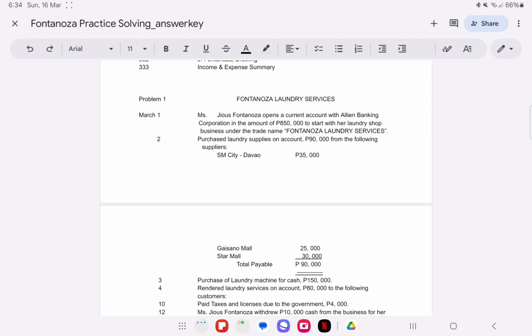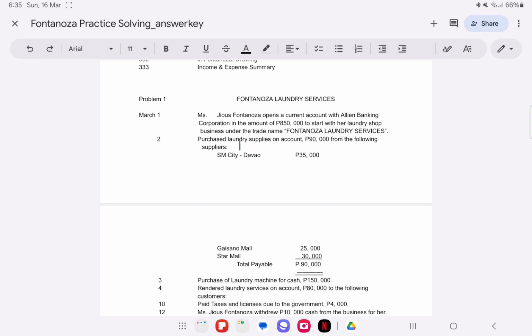And of course you are negotiating with your suppliers, so you are asking a debt from your suppliers, you're purchasing on account, or on debt, laundry supplies.